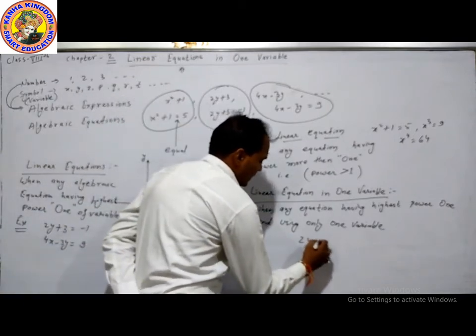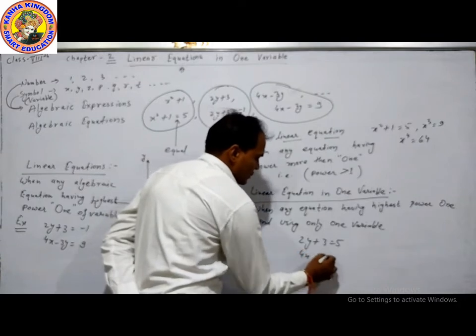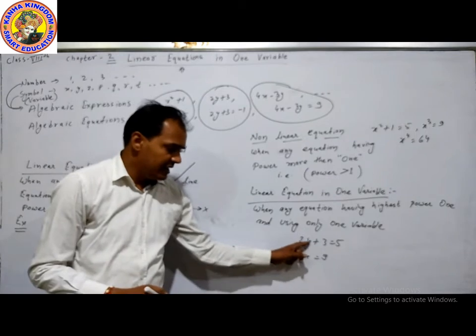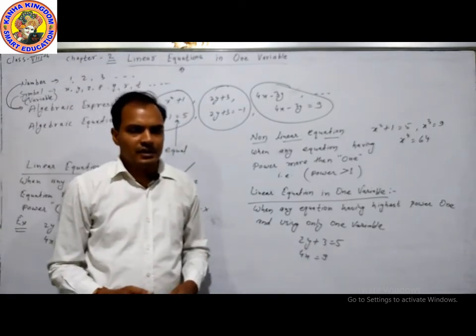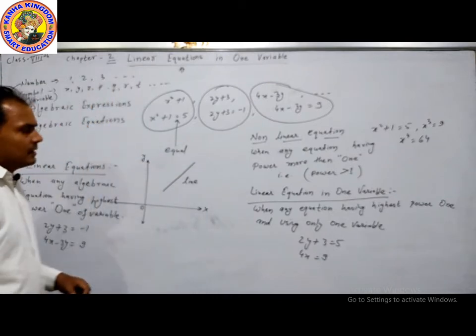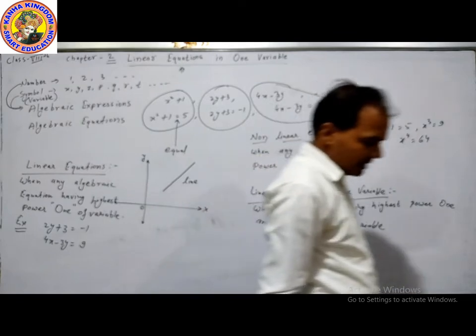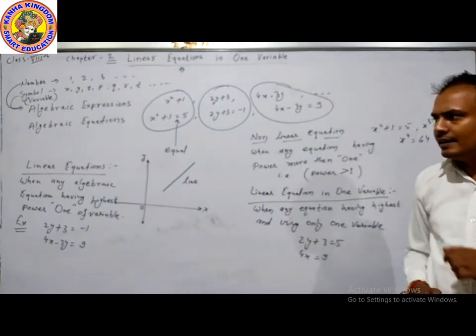Examples: 2y plus 3 is equal to 5, 4x is equal to 9. These are linear equations with one variable. Okay student, we use another definition for how to solve these linear equations.